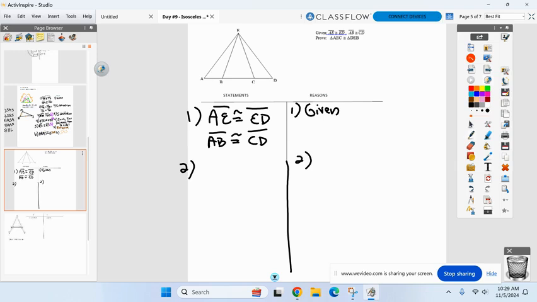Again, you'll notice we have overlapping triangles that we're proving congruent. All right, can you go through here with me? Maybe I did give you something here. Last time I gave you nothing, but you guys did a nice job. First pair, AE congruent to ED. Can I count those as a pair of sides? Yes.